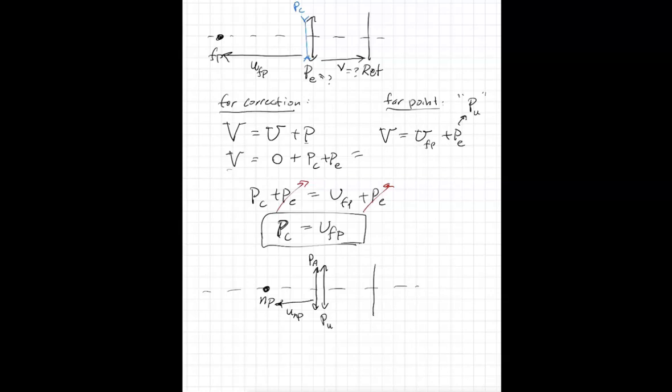And so if we apply our divergence equation, V equals U plus P, to this scenario, we're going to have U of the near point, and then the power that's involved here is the power of the unaccommodated eye plus the accommodated. And again, we might be in a scenario like this example where we don't know what the power of the eye is.